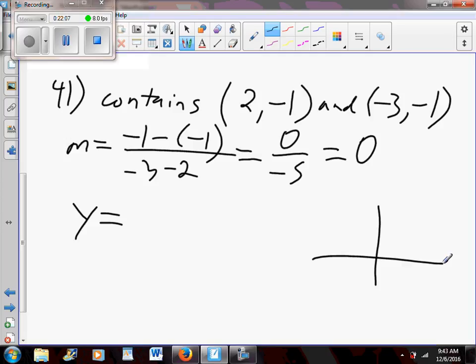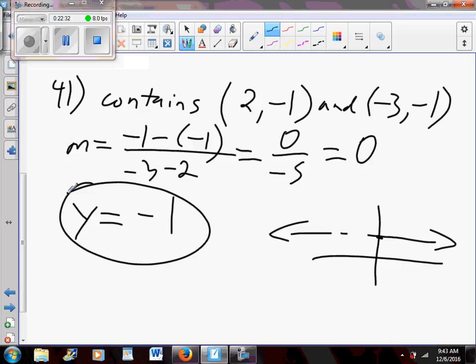Remember, a horizontal line is going to pass through the y-axis somewhere, let's say right here, and it's going to run parallel to the x-axis, right? So you would say y equals what number? What do you think? 2, -1, -3, -1. What point do they have in common? You see that? All right. This is going to end up being the equation of this line here: y equals -1.